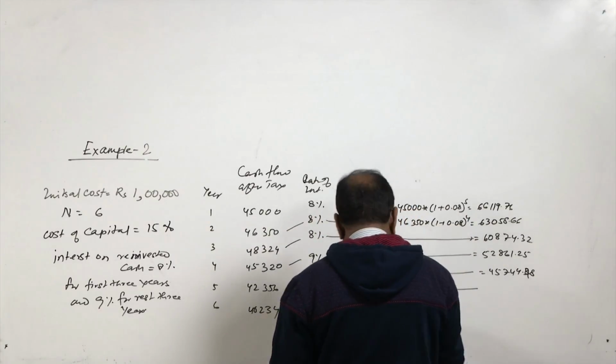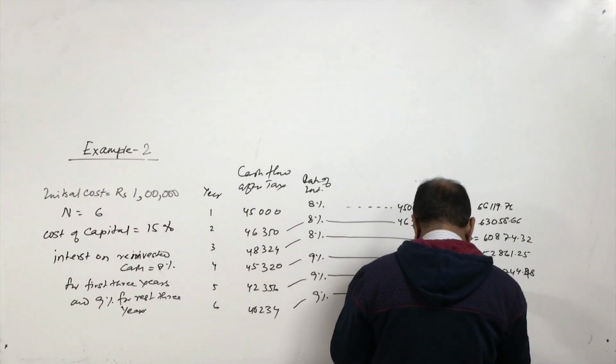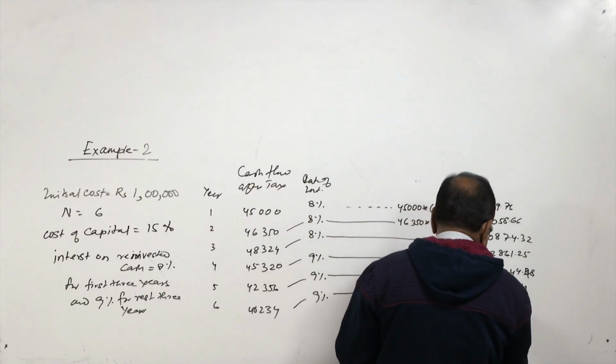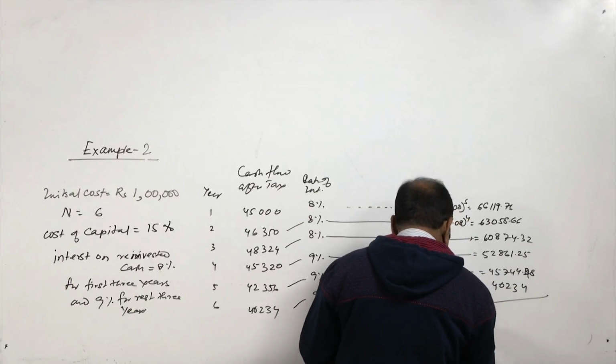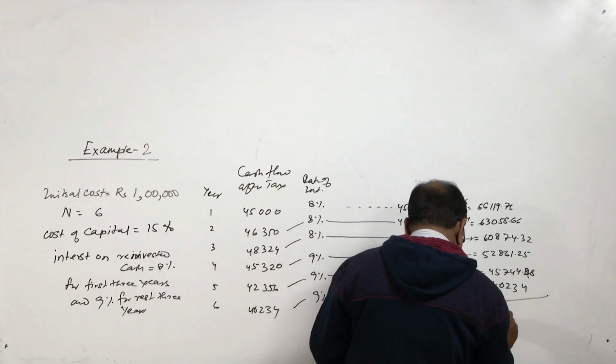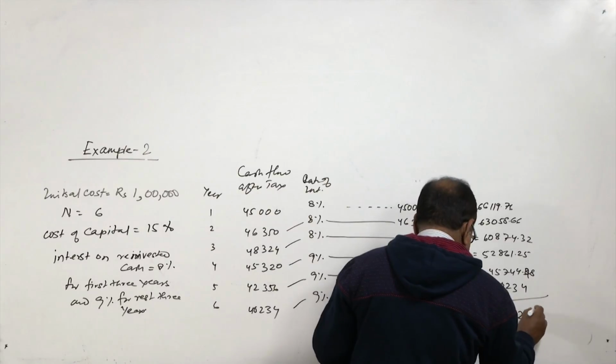So, the same value will go, it will be 40,234, and when we add them up, the sum is 328,892.5.